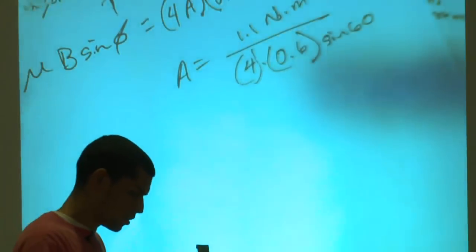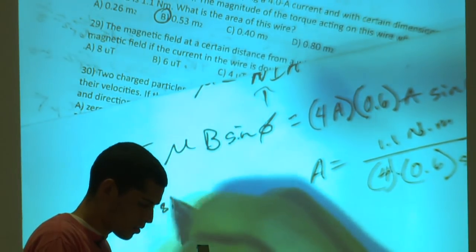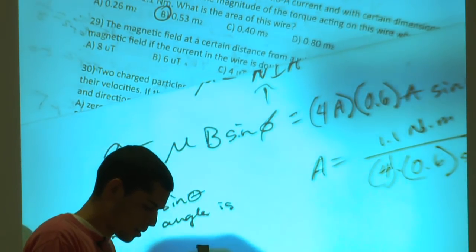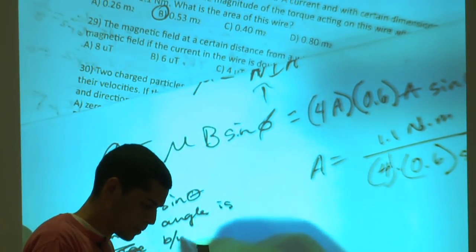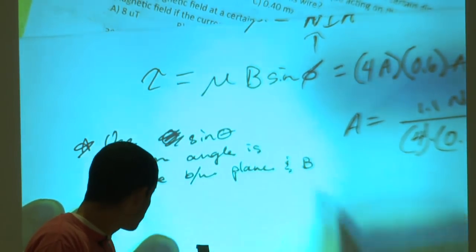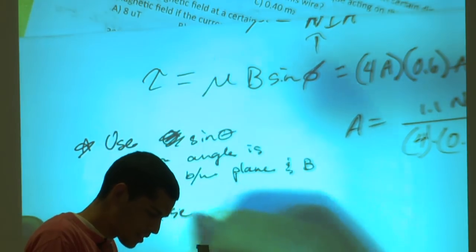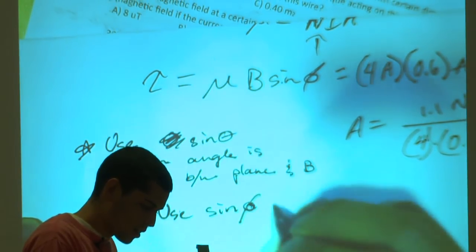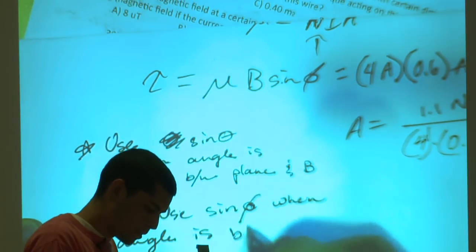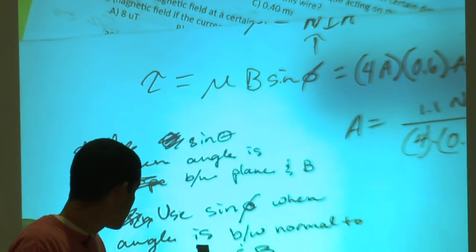Essentially, you'll use sine theta when the angle is between the plane and magnetic field vector B. Use sine of phi when the angle is between the normal to the plane and B. Okay, that's a very good question.